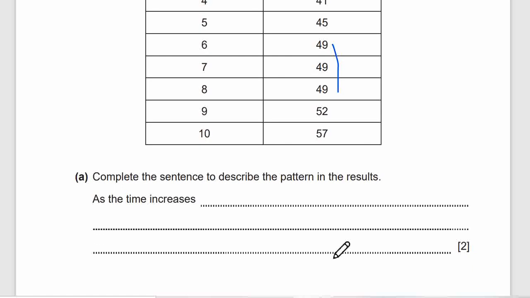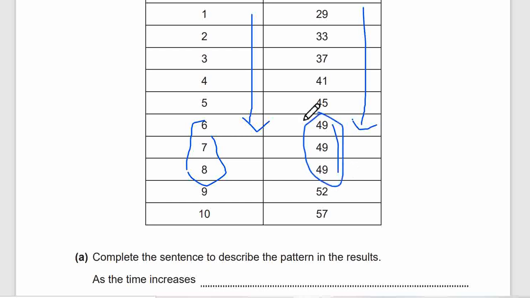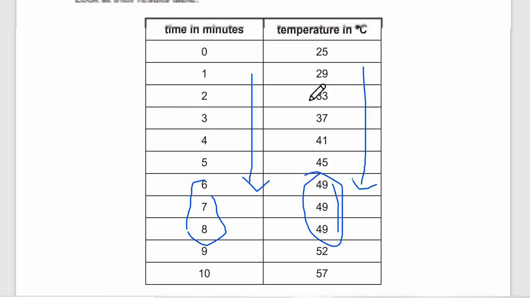Question. Complete the sentence to describe the pattern in the result. As time increases, you can see the temperature increases up to here. But for this one, from 6 to 8 minutes, it remained the same at 49 degrees Celsius.